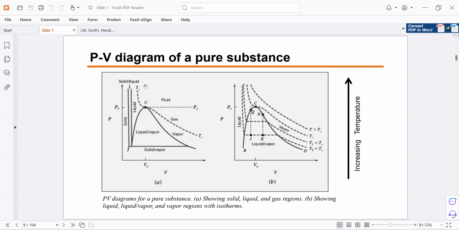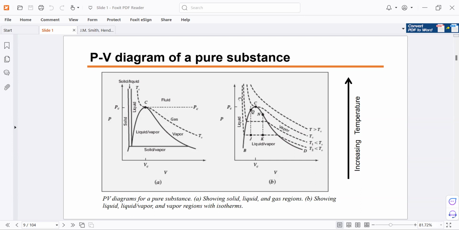All right. So on the right figure, it's actually the same, but showing many isotherms. So what do we notice? For example, let's consider the isotherm T2, which is less than the critical temperature.